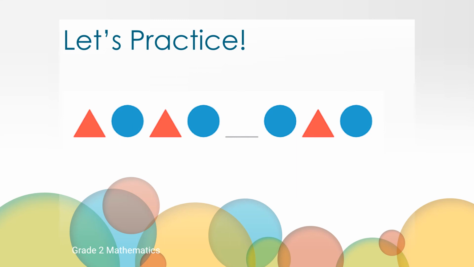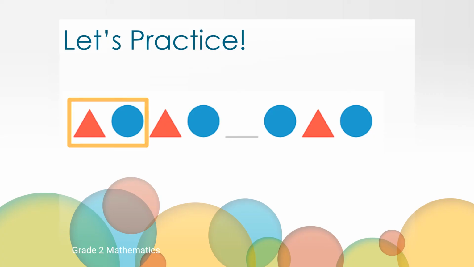Here's another repeating pattern. You'll notice part of our pattern is missing. To help us find the missing shape, take a moment to look and see if you can identify the core, or the part that repeats. Were you able to describe the core of this repeating pattern?